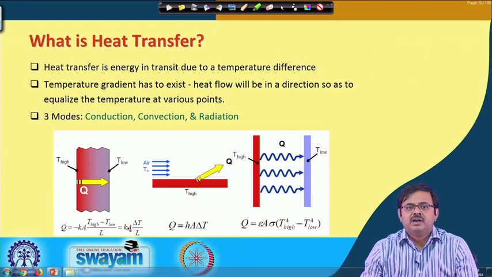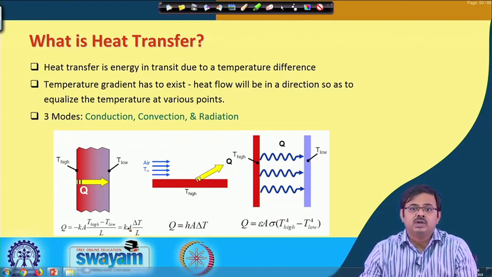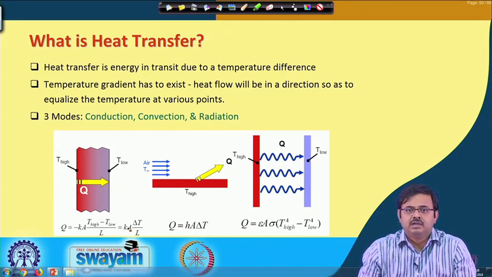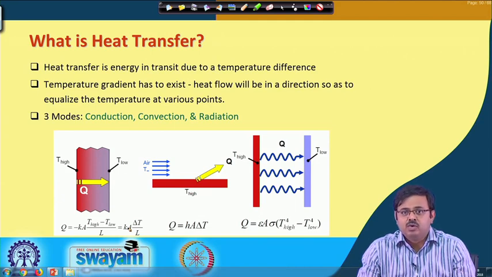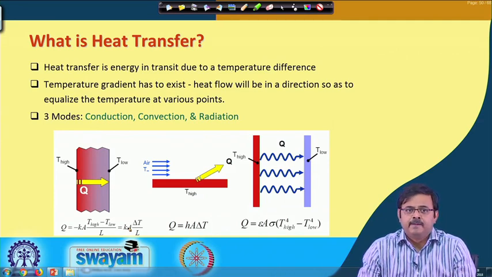Now, this thermal conductivity is a parameter of importance. If the thermal conductivity is high, then it is a good thermal conductor. Copper is a good thermal conductor, aluminum is a good thermal conductor, but brick is not a good thermal conductor, rubber no, thermocol very low, it is an insulator.